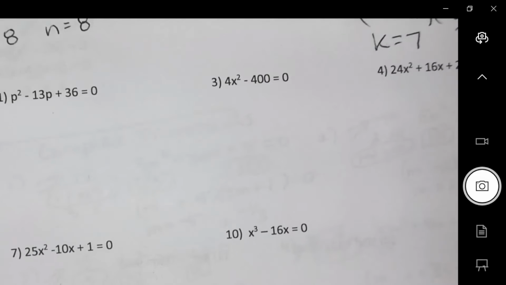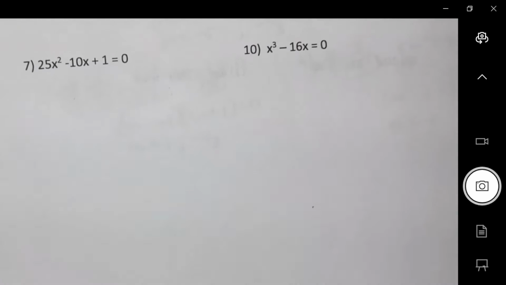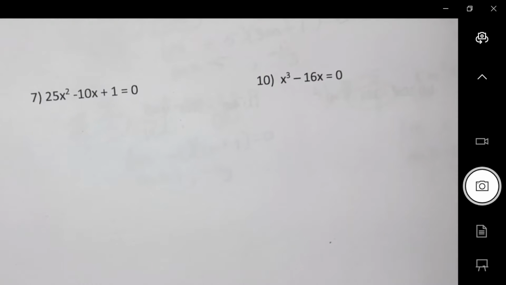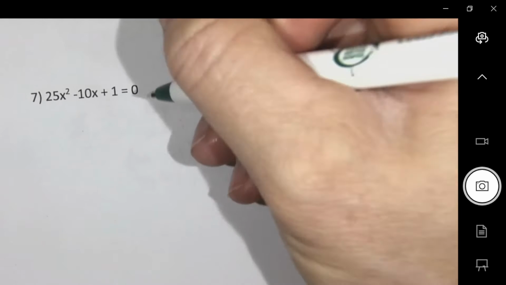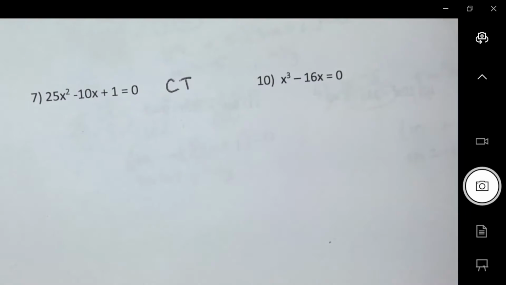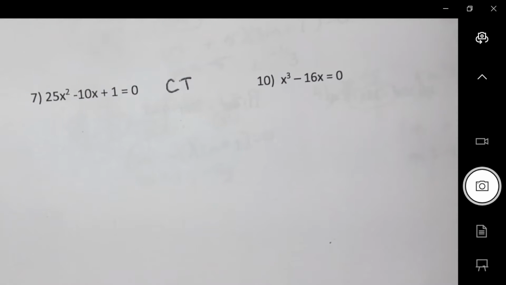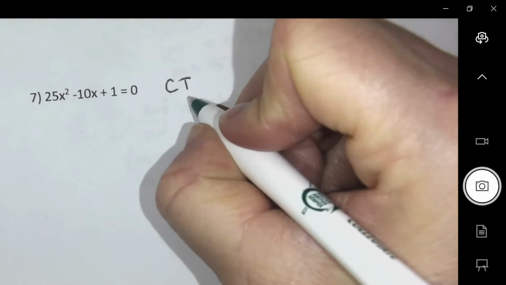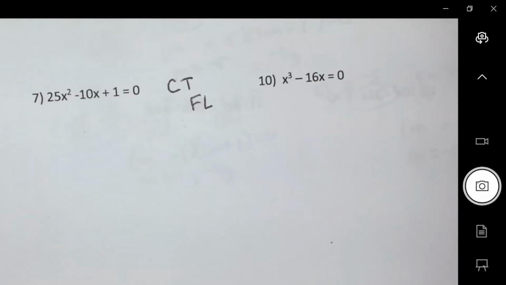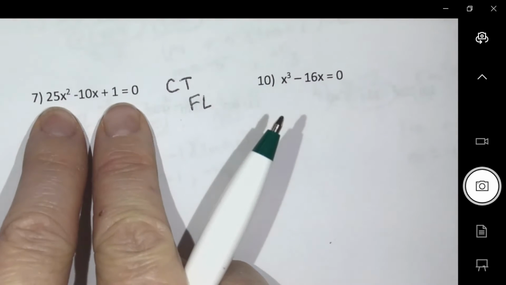Okay, let's try number 7 here. Okay, so this one is a complex trinomial. And the reason is because it's a something x squared, not just a 1. Okay, so we're going to say, what is the first times the last?